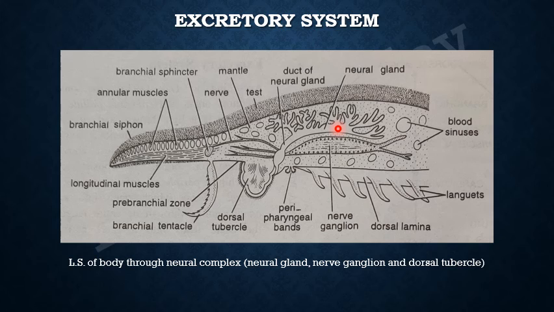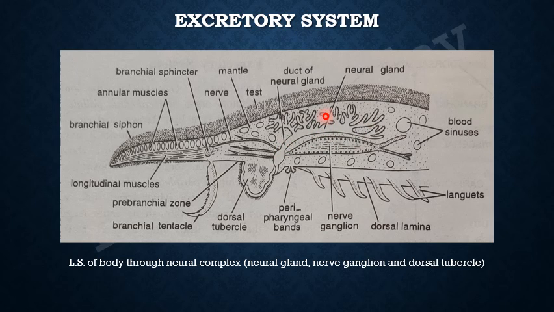And if we go to the details of the internal structure, there is one longitudinal canal or one main duct of neural gland. It is passing throughout the length, and from this duct arise many more ducts, primary ducts, and these primary ducts in turn are divided into secondary ducts, and these ducts all open into one common duct of neural gland.